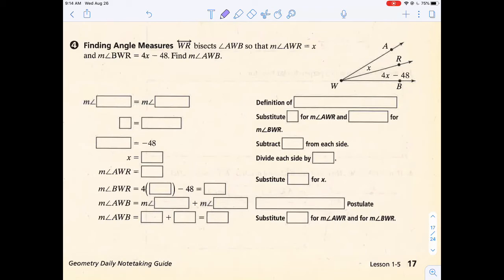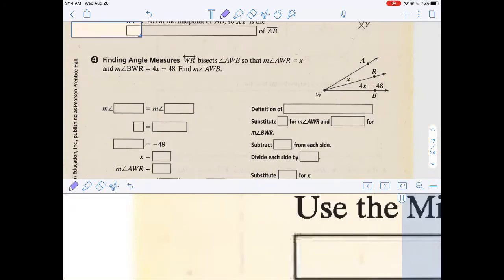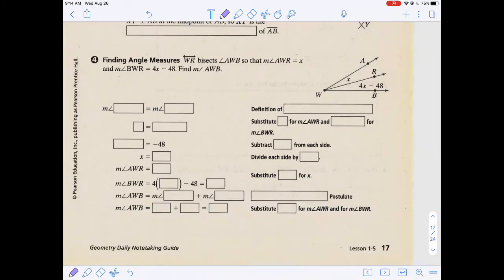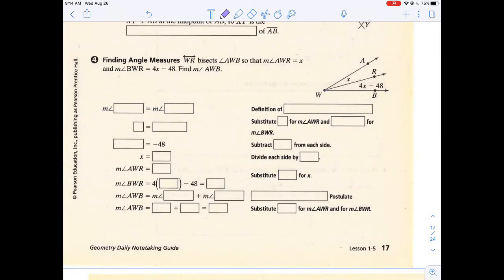Okay, so it says finding angle measures. They tell you WR bisects angle AWB. So the ray in the middle here, WR bisects AWB, the whole angle. Bisects means it cuts it in half.